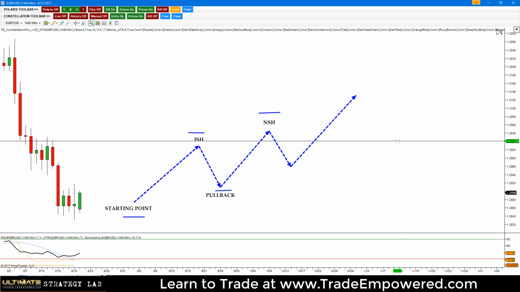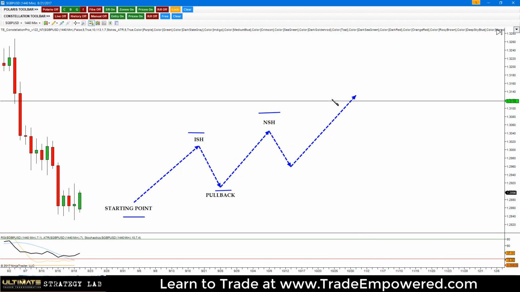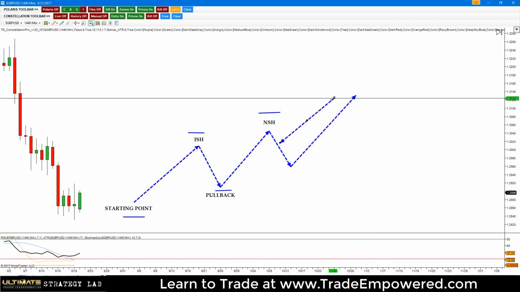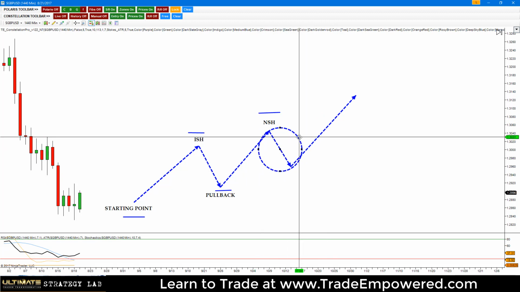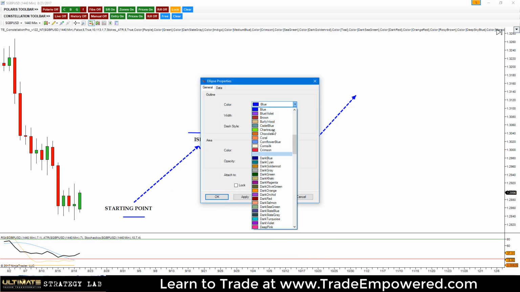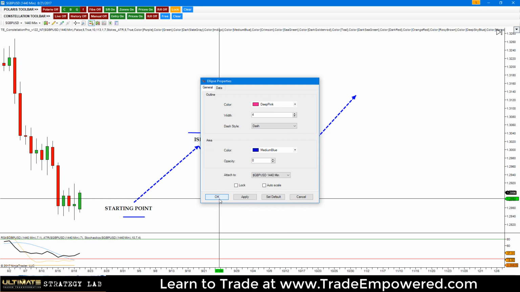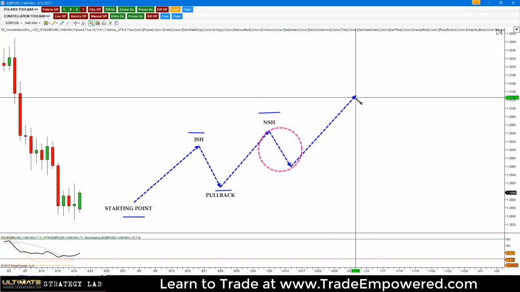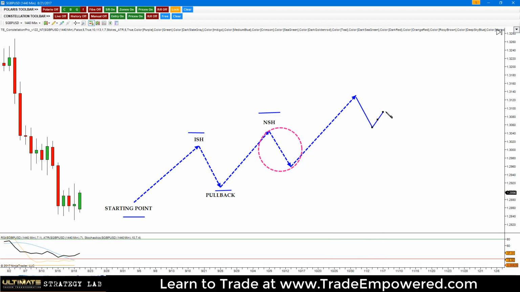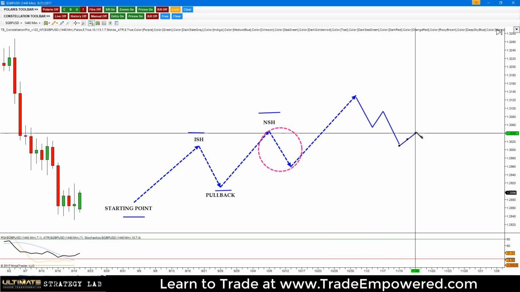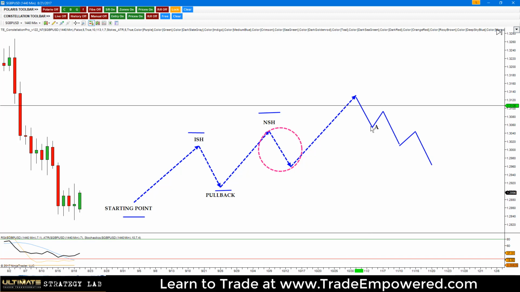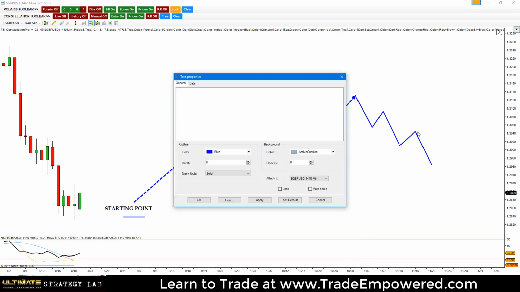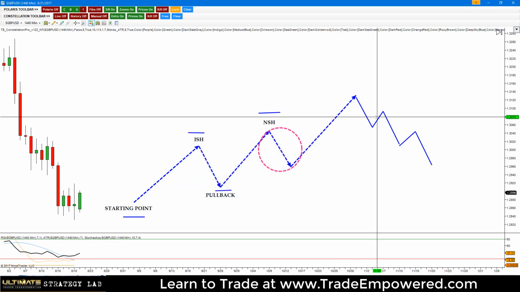No. In real life, these outside returns, these moves right here, let's just put a circle around it, will typically look something like this. And this is where traders get confused, when the market does something like this. Let's just draw it out. Here's what you're typically seeing.